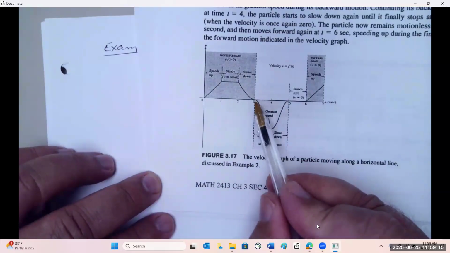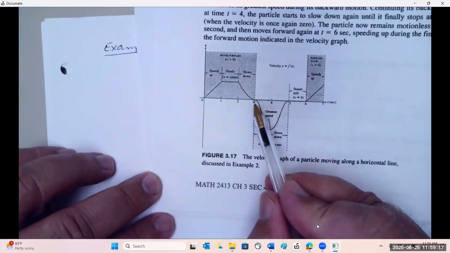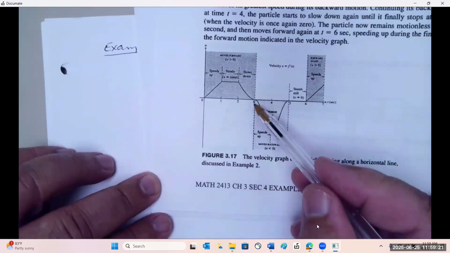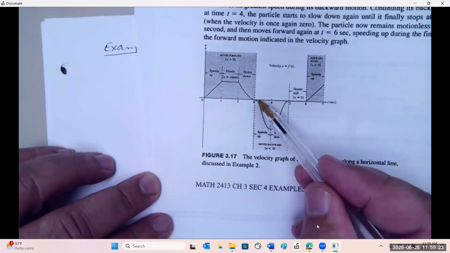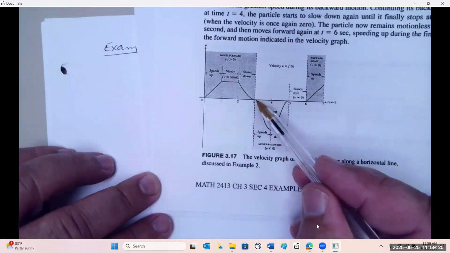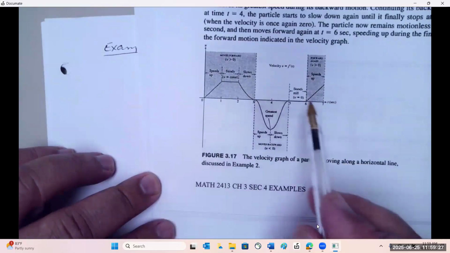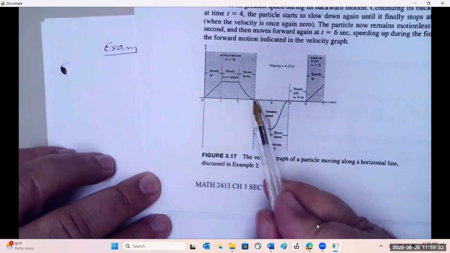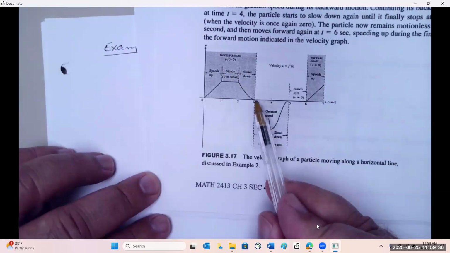At this point, what happens at 3? It stopped. It's 0. It's not moving at all, because here it's coasting. Here, when it crosses the axis, it stopped because the velocity is 0. So there's no displacement movement.